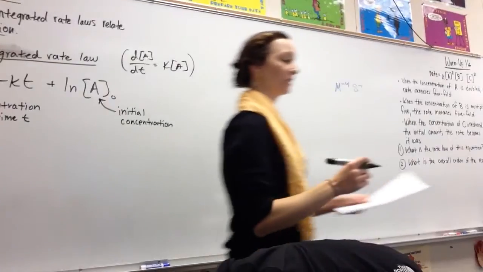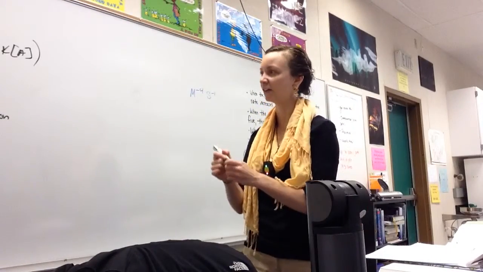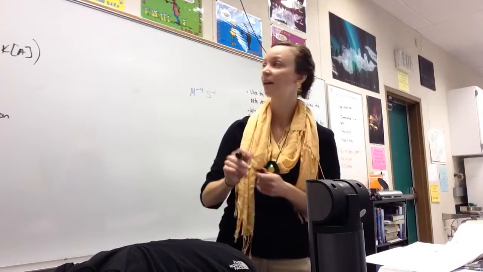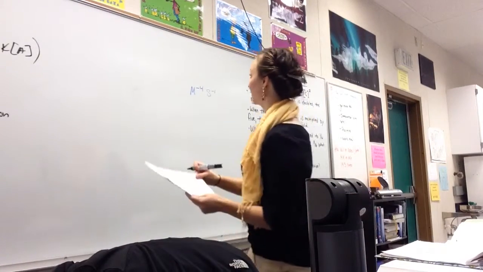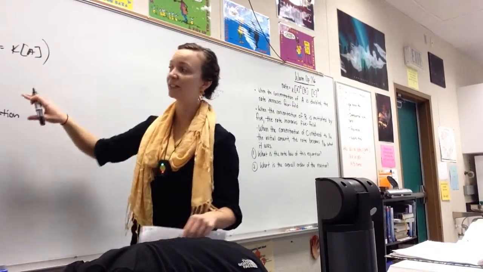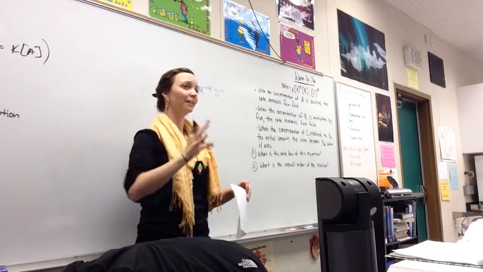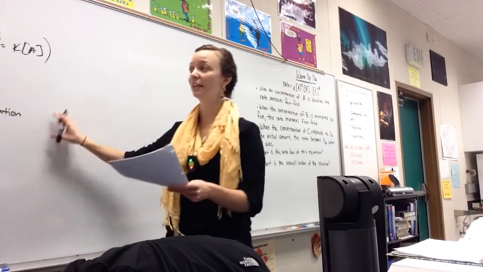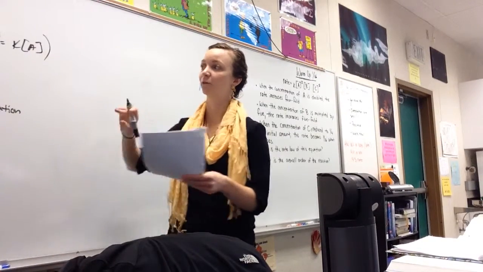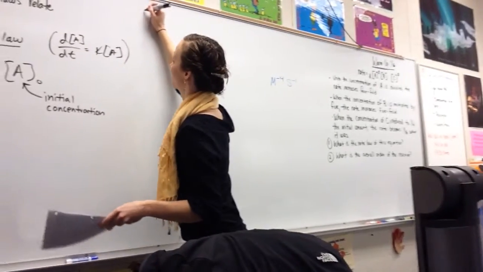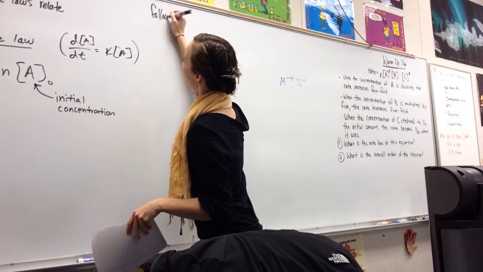Okay, that's what that little 0 means. You'll often hear that called "not," but it just means your initial concentration. The cool part about these is that they follow the y equals mx plus b format. So this looks really messy and kind of random if you're not used to seeing integrals, but if you see it correlated with y equals mx plus b, it looks really pretty easy to digest. So I'll show you that.